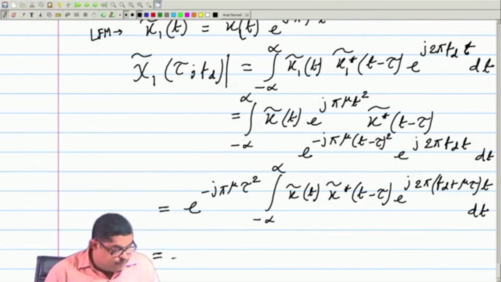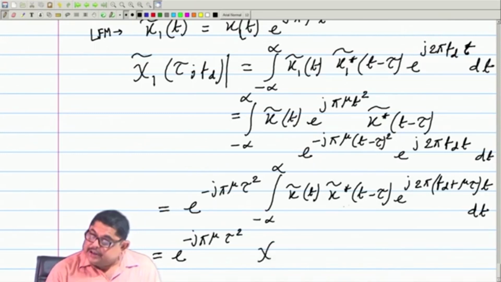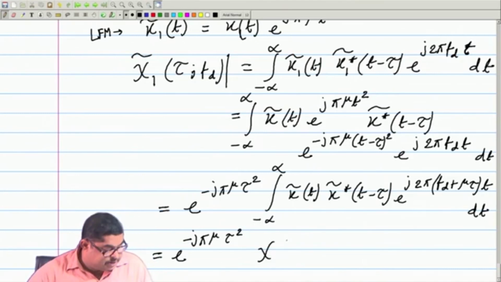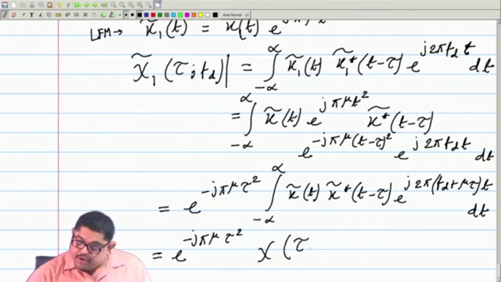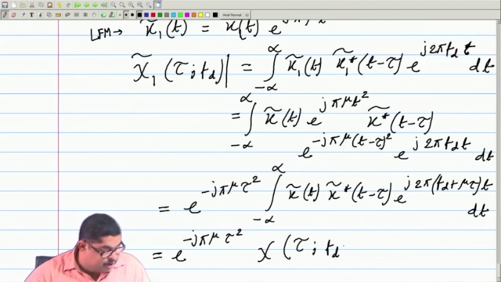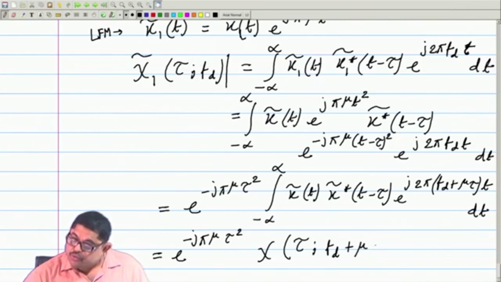Is equal to e to the power minus j pi mu tau square. This thing you can easily recognize as the ambiguity function for tau and f d plus mu tau.